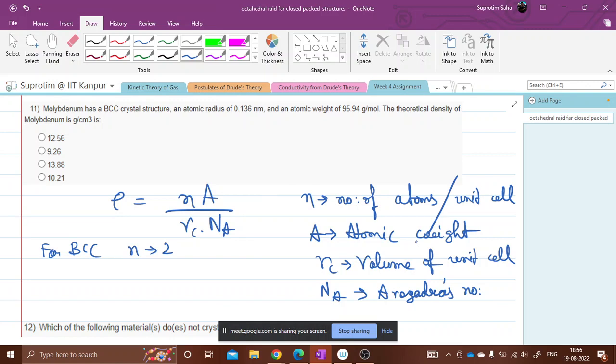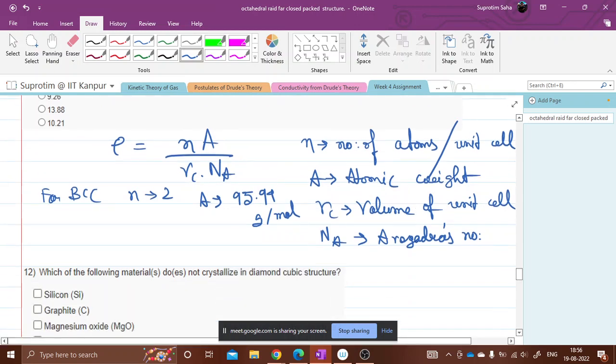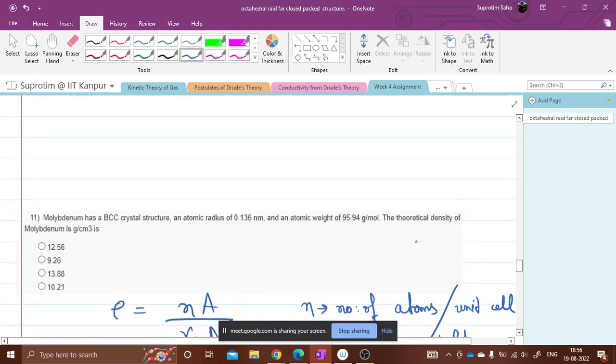A is given as 95.94 gram per mole. Vc is actually a cubed. For BCC, you have to calculate this a cubed because you are given the atomic radius.